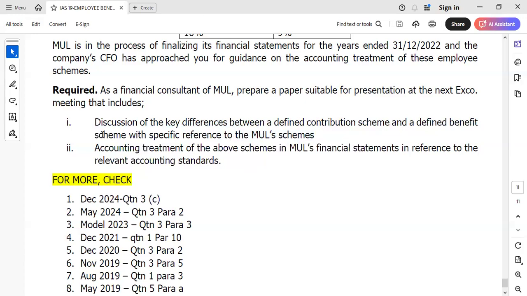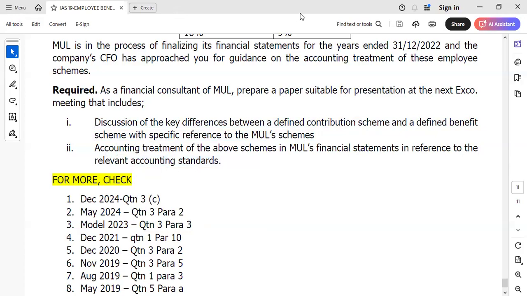That is Roman 1. This is theory. Then Roman 2, you also include the accounting treatment of the above schemes in MORU's financial statements in reference to the accounting standards. The standard here you're talking about is IAS 19.